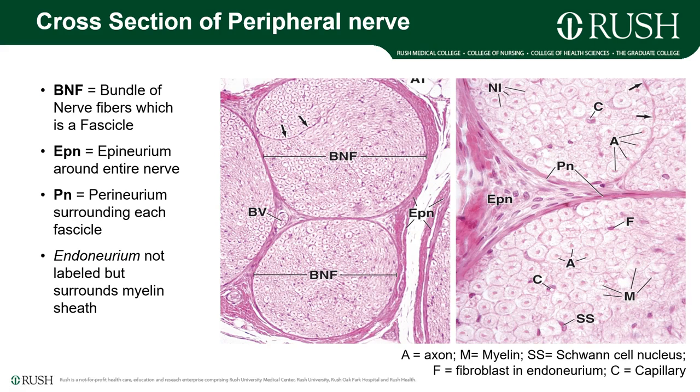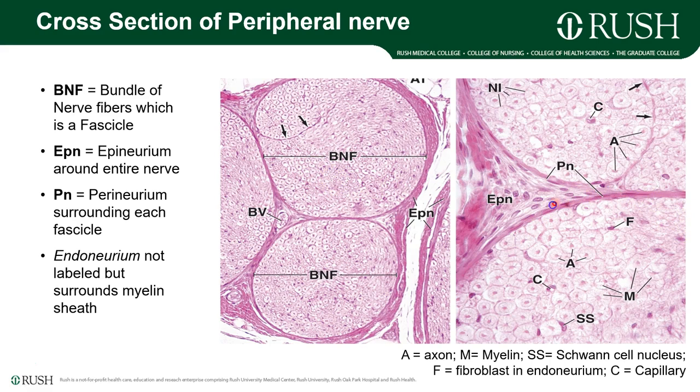This is a histological view, and you can see the bundle here of the nerve fibers within which you have individual axons. So if you look at the whole collection here, again going in a hierarchical way, you have the endoneurium, which isn't labeled here, surrounding individual axons, followed by a perineurium.